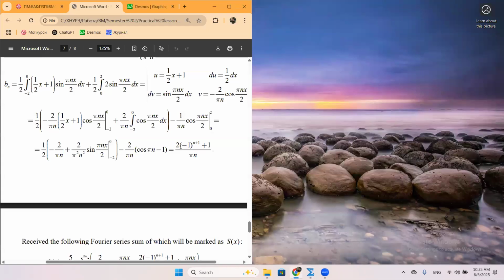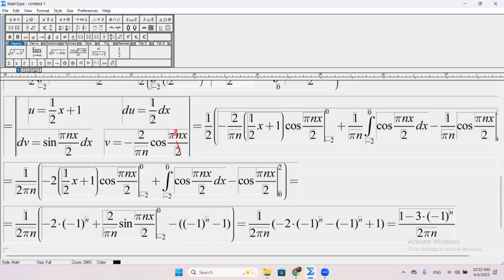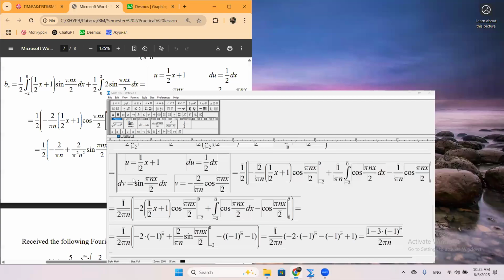So here must be 3 instead of 2. So that's a mistake in my notes. Okay. I will correct it in another way.